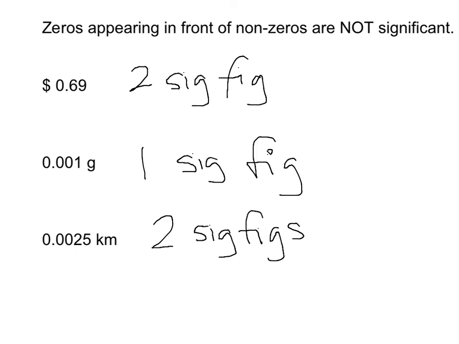You could choose to put them both in kilometers or both in meters, I guess it wouldn't really matter either way. But what I'm trying to explain is that this is telling me that I measured to the tenth of a meter, or the decimeter, in this case. So only two of those sig figs are significant. The other zeros are just placeholders.